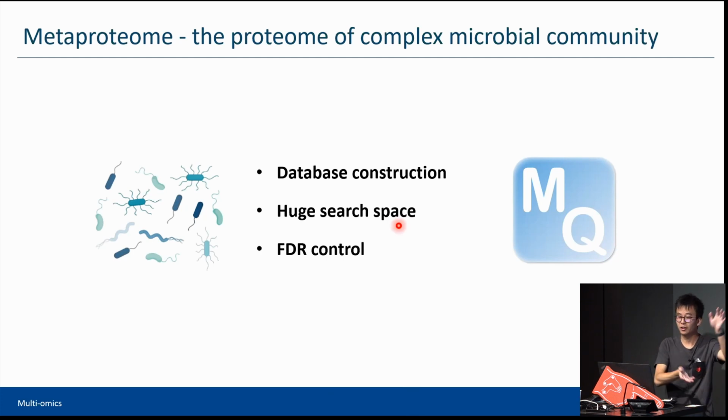Your reverse database is also very big, so you get a very high probability of false positive matches. Our group, and especially me, is working on integrating a new module just for metaproteomics analysis in MaxQuant. I think next year we should be able to produce a tutorial or a presentation for this module. If you are interested, you can also discuss with me later.